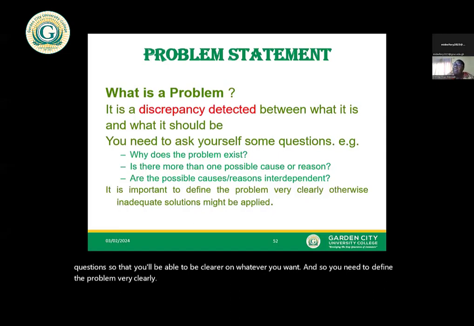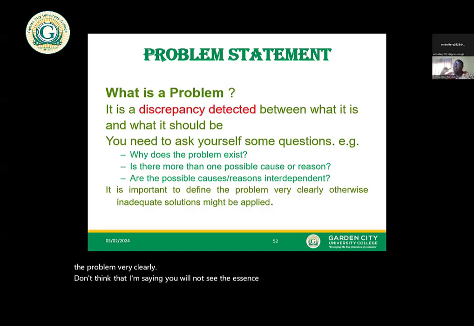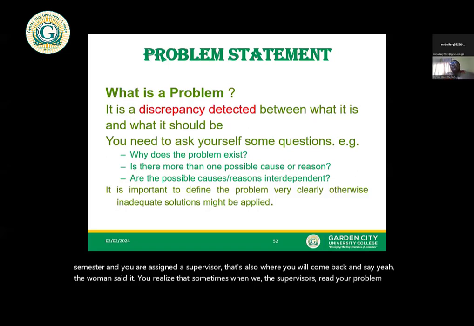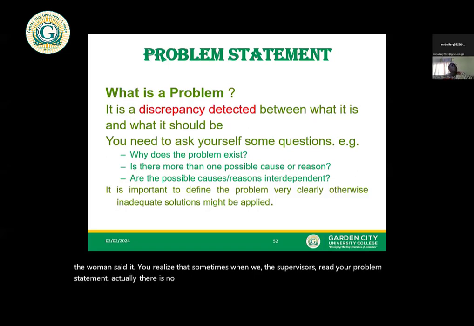This thing that I'm saying, you will not see the essence of it. When you go to level 400 first semester and you are assigned a supervisor, that is where you will come back and say, yes, the woman said it. You realize that sometimes when we, the supervisors, read your problem statement, actually there is no problem. You see people talking about the universe, talking about West Africa, talking about so and so.